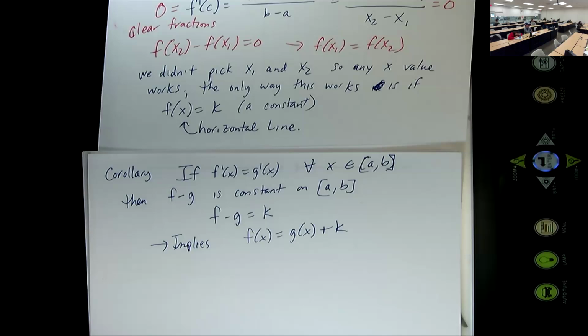So they were point slope. g of x plus k just means one is a shifted version of the other, one is elevated above the other.